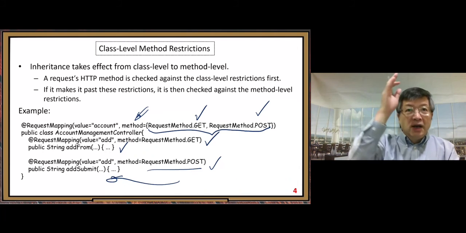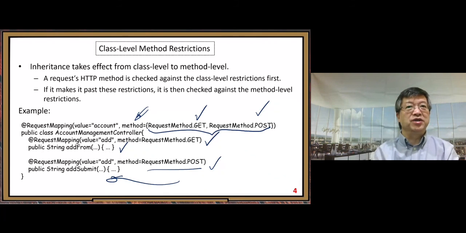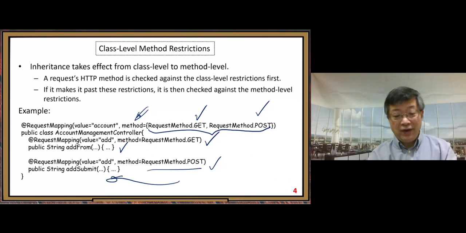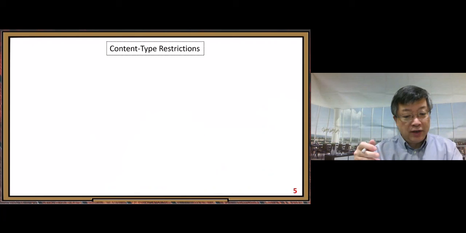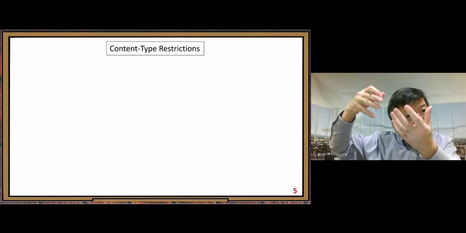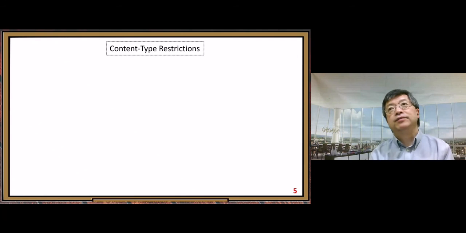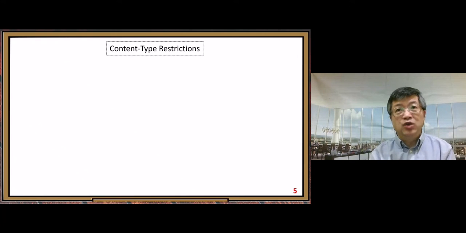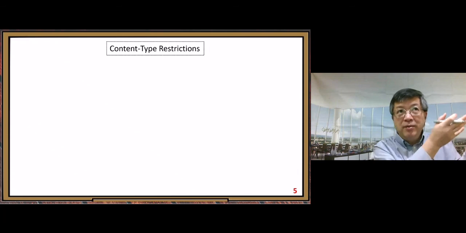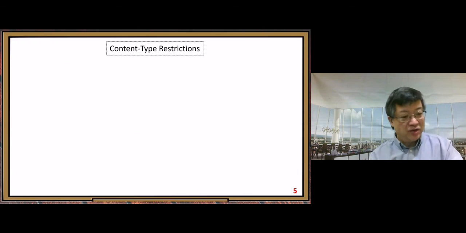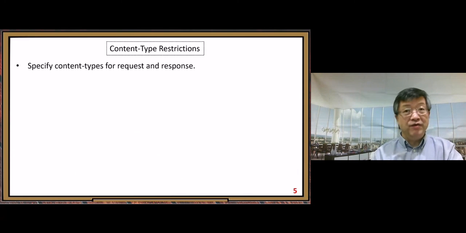Next, content type restrictions. Content type is about sending data back to the client side, the front end. We can specify what content we want to send back, also very straightforward, using the content type header.